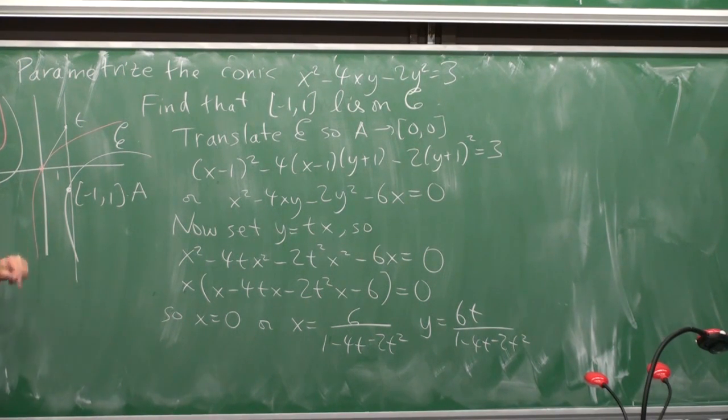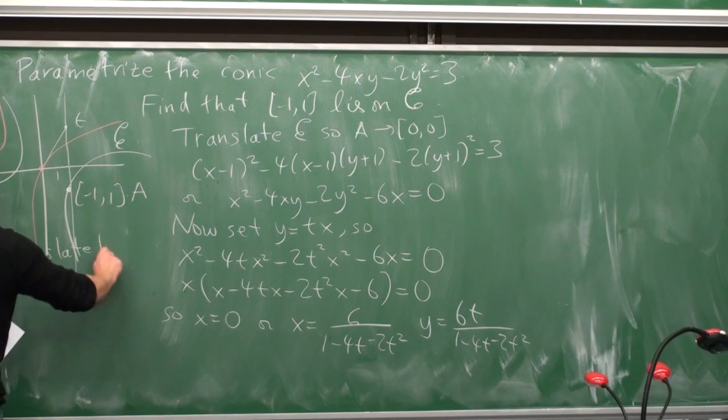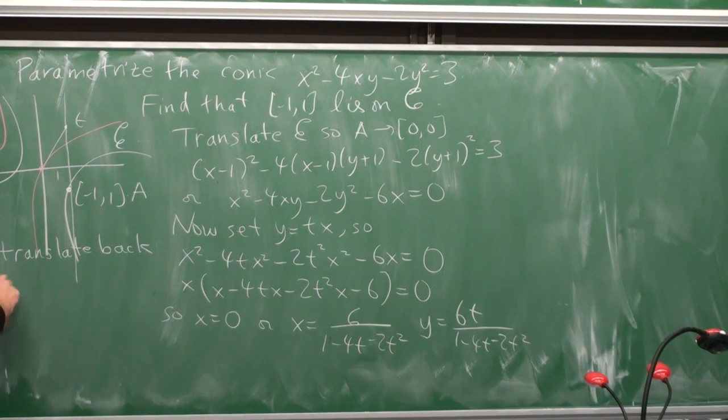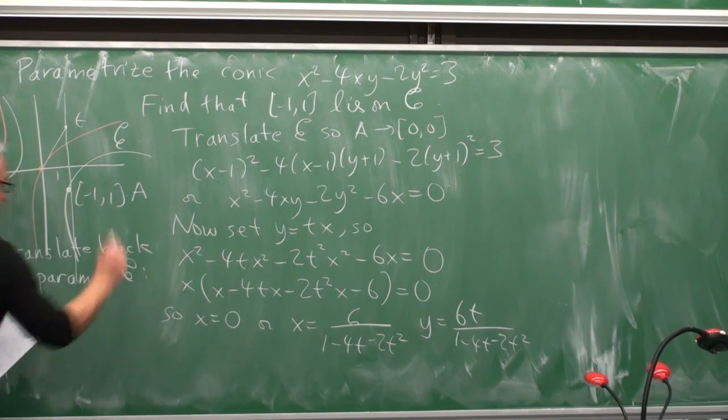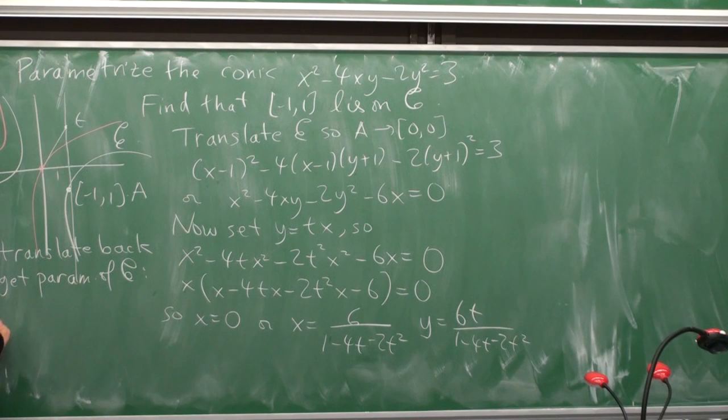And to get a parameterization of the original one, well, we have to translate that back. So translate back to get a parameterization of C, and that will be x and y equal to, well, in this case, what we do is we can just write 6 over 1 minus 4t minus 2t squared minus 1.